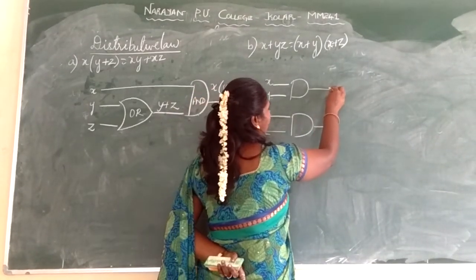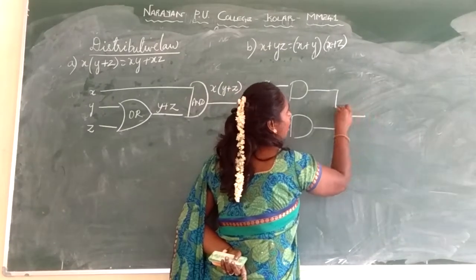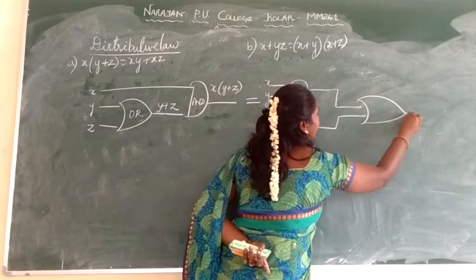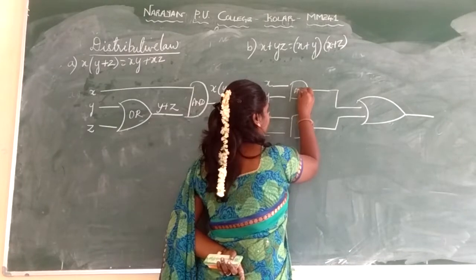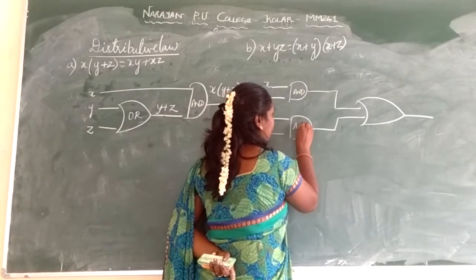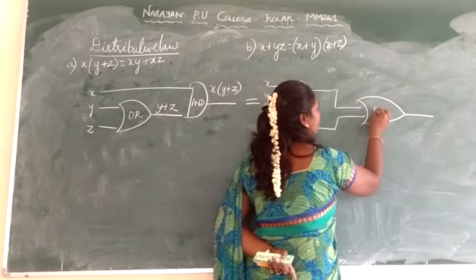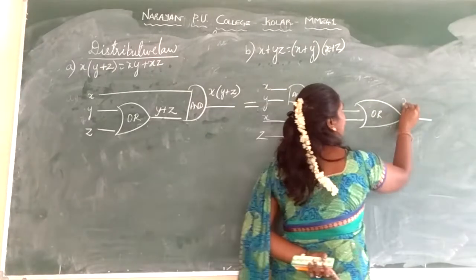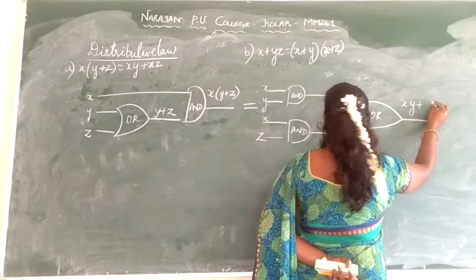And these should be added with the help of your OR gate. That is the result of xy plus xz.